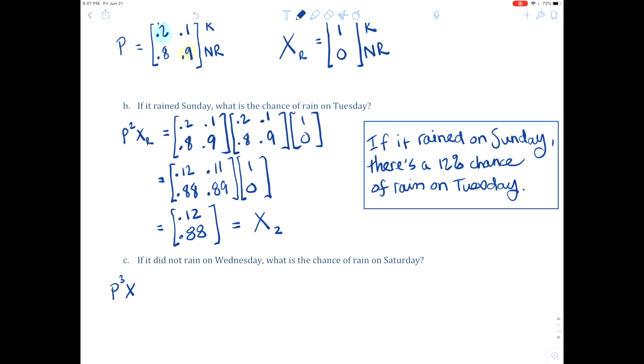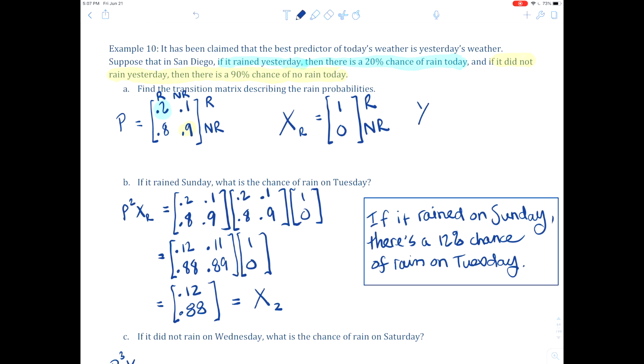So that would be XR. And then there'd be another X for no rain, right? And what would that be? Beautiful, 0, 1, where you would have rain, no rain. Cool, cool?